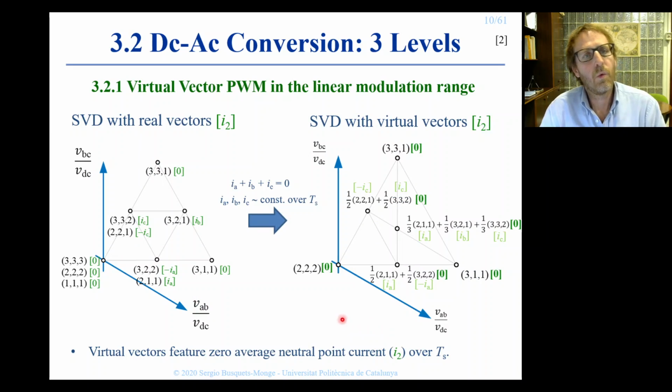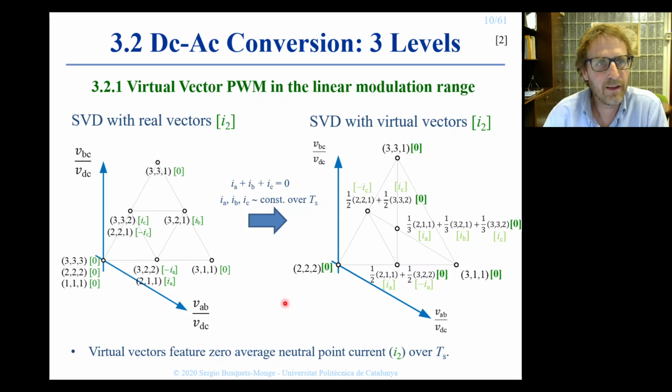And when we focus on the first sextant of this space vector diagram and we indicate the value of the neutral point current associated to each converter switching state, we realize that some converter switching states introduce a neutral point current different than 0.